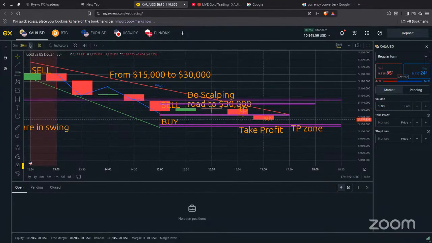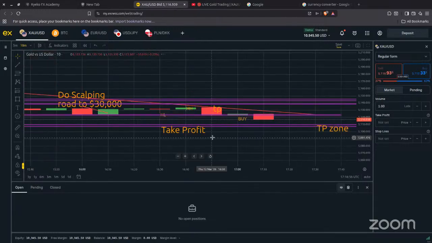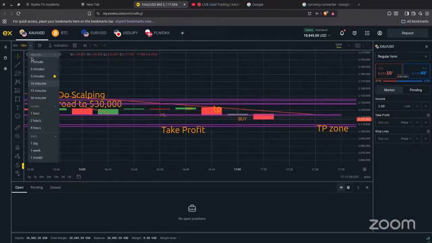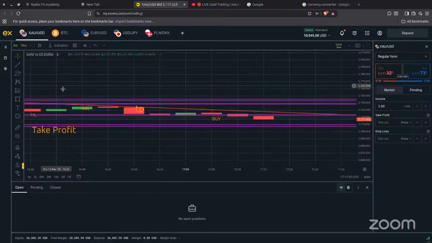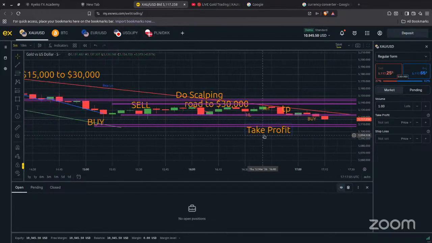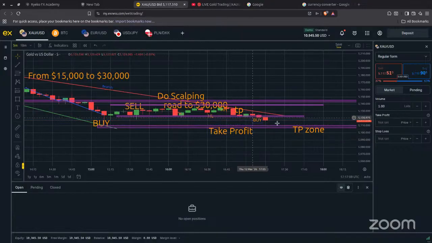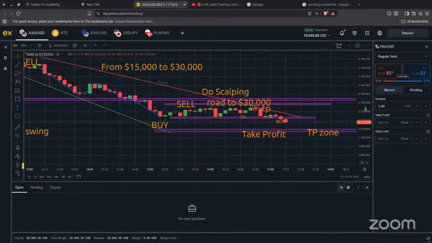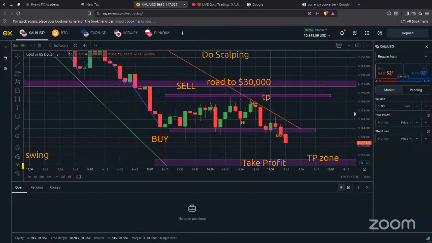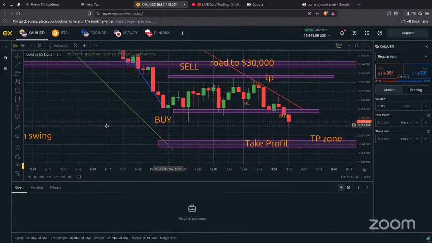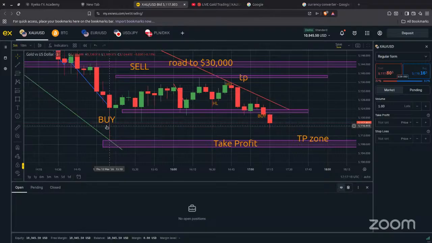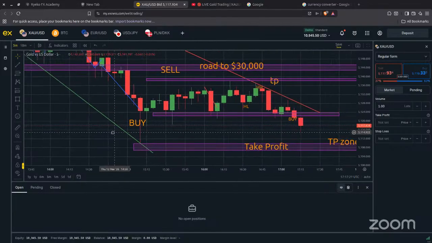Still down. 15 minutes. 10 minutes. See? Now 5 minutes. Difficult trade to watch.